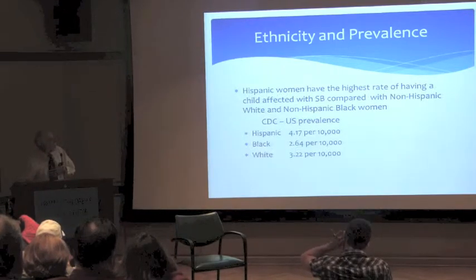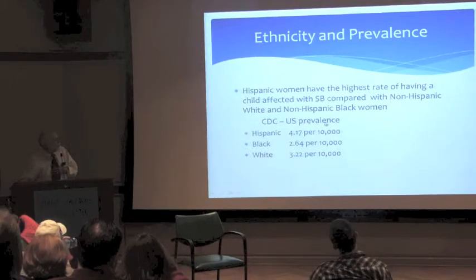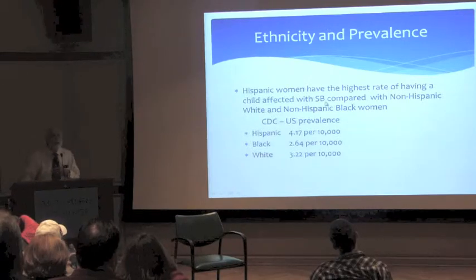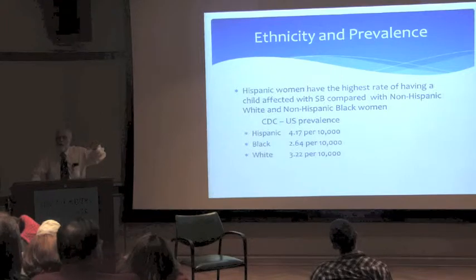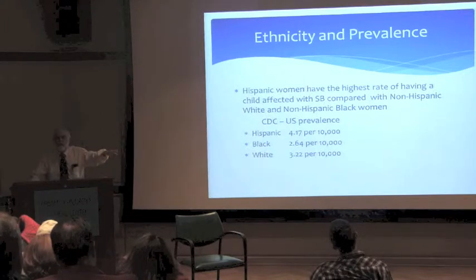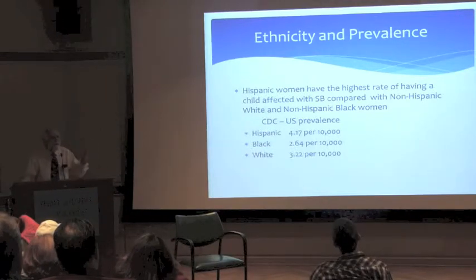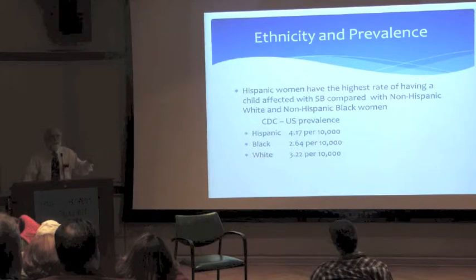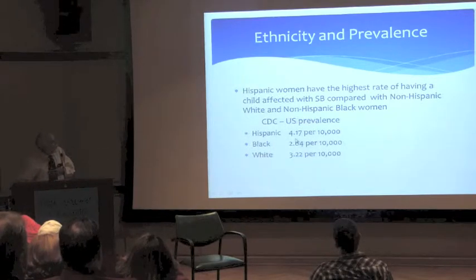But one area that people are looking at is that we already knew that different ancestries seem to have different risks. This is US data for spina bifida. As I go through these numbers, pay attention to whether we're saying spina bifida, in this case SB, or NTDs, because some of the slides lump them all together and some separate them out. So this is for people of Latino ancestry.